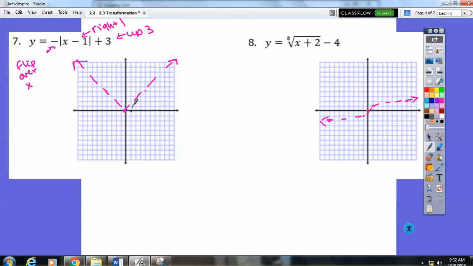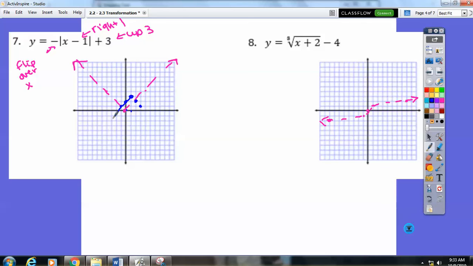Then right 1, then up 3. If I take 1, 1 and flip, it goes down here, right 1, up 3. If you took 2, 2 and flipped, it would go down to -2, right 1, up 3. Way over here, if you flip, right 3.